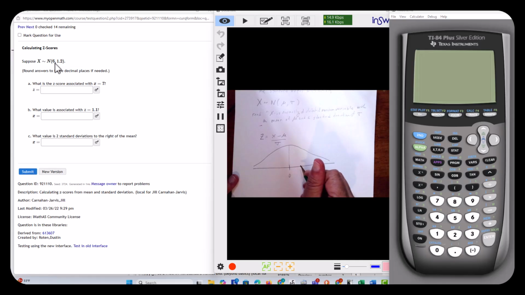And your standard deviations are 1, 2, and 3, and then you'll have them here, and these are z-scores, by the way, -1, -2, and -3.